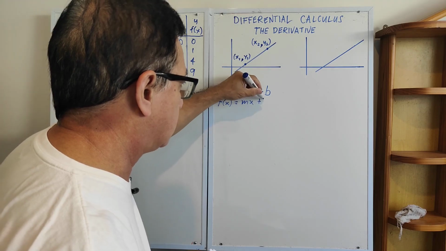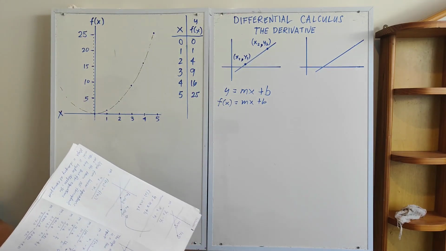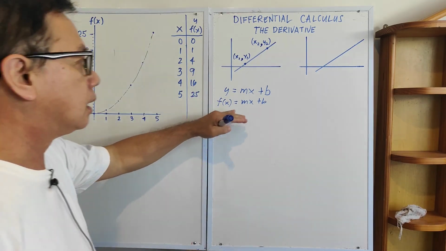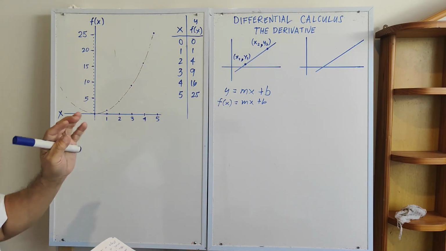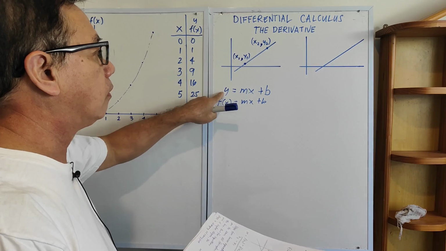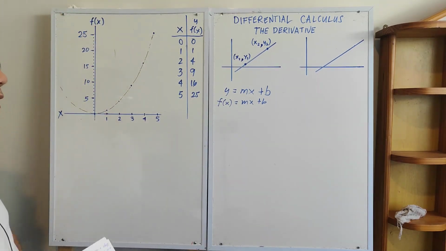So f of x equals mx plus b. This is needed because in subsequent discussions there will be composite functions wherein y will no longer be appropriate.